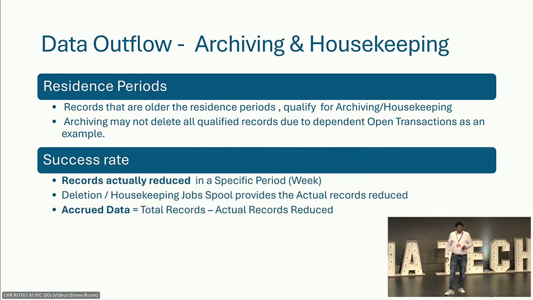So you have to start understanding what is the success rate coming out of your archiving or housekeeping efforts, based on how many records are actually getting removed from your database. You could find this information from SARA or the job pools of the respective housekeeping or archiving mechanisms.